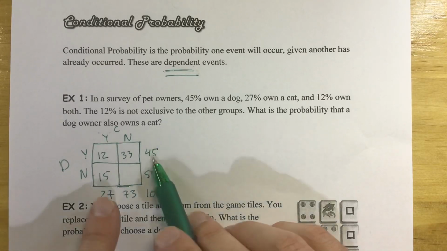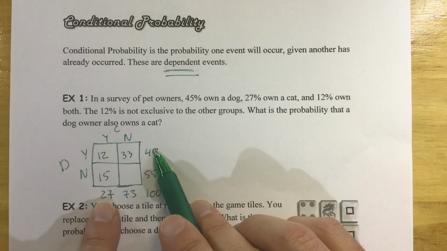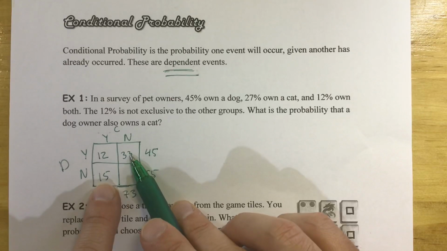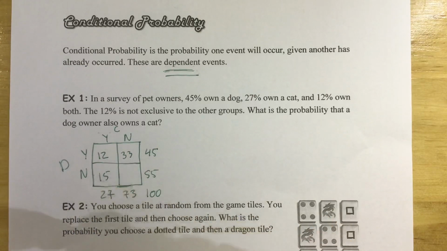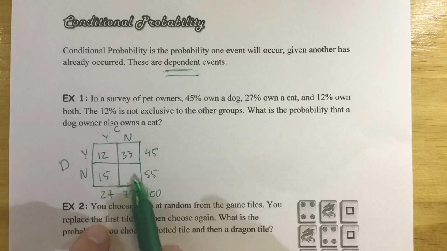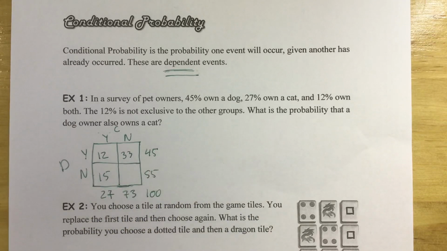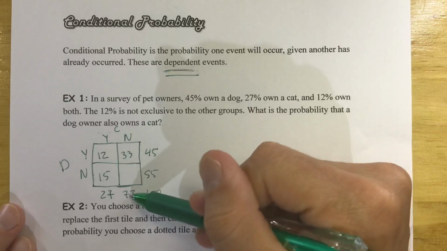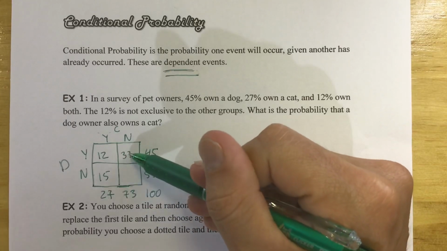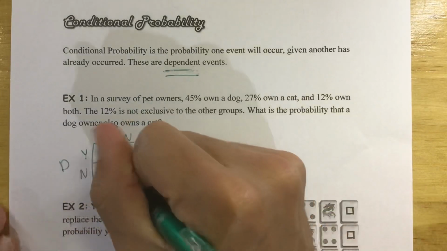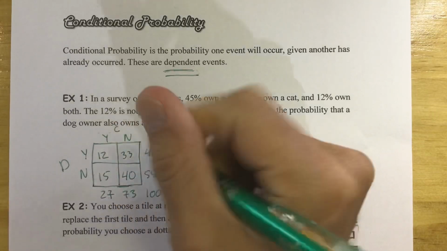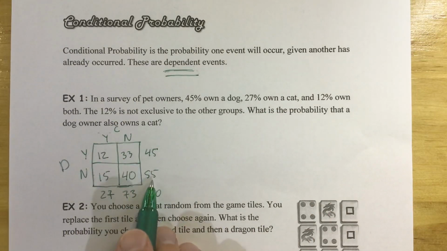But what I want you to understand is I had these three numbers, and I used those to get these numbers. Now what's really interesting about it is this last box should fit perfectly in all directions, right? I should be able to take 73, subtract the 33, which gives you 40, and see that 15 plus 40 is 55, that everything works out well together.